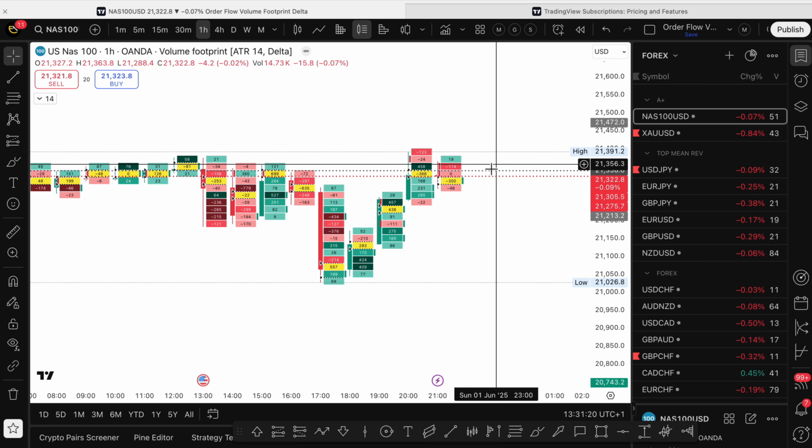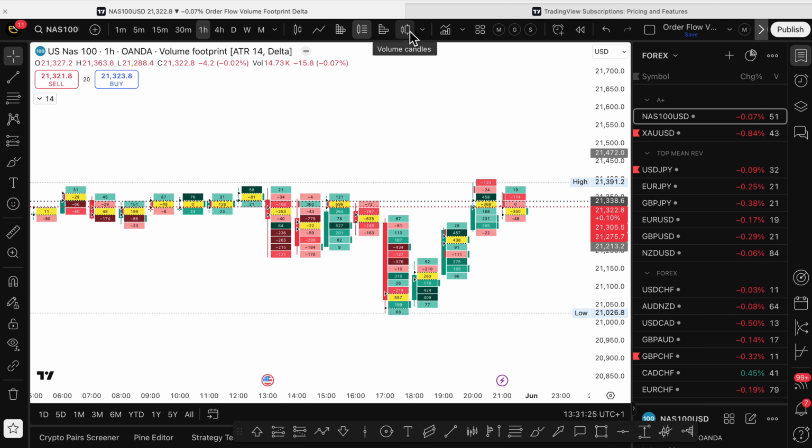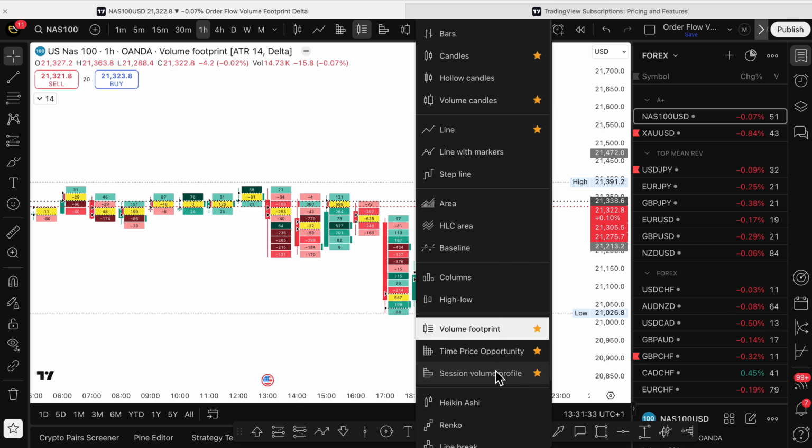But yeah, that is basically the volume footprint. So there are other options here in premium that I'll go over quickly. You get the volume footprint, that is what we've just gone through today. You get TPO, which is more advanced. If you can imagine, you've got volume candles up here.